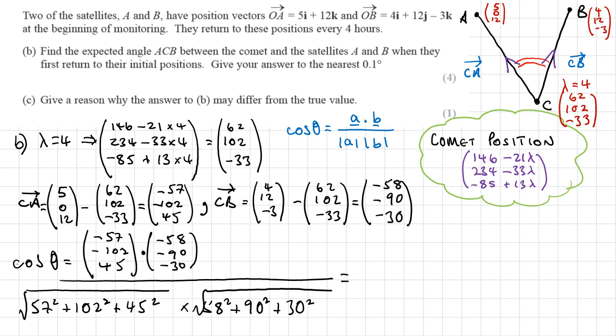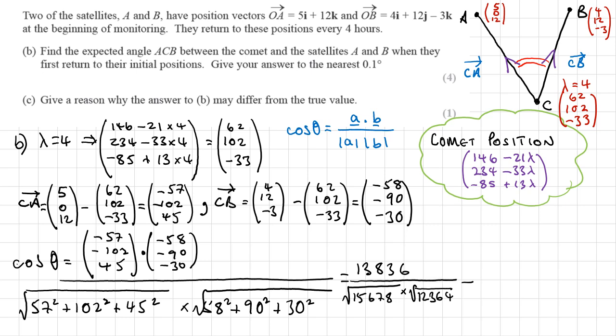Doing all of that on my calculator, I'll get 13,836 at the top, and that's divided by the square root of 15,678 times by the square root of 12,364. Let's tidy up this line here.